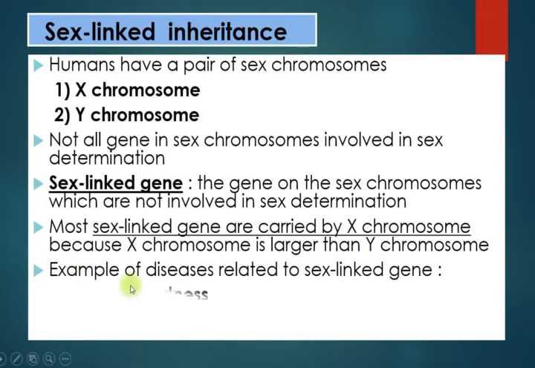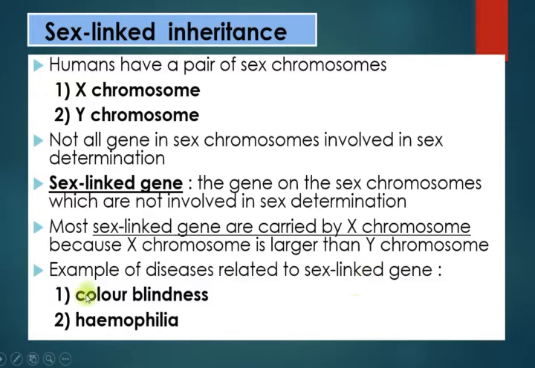Examples of diseases related to sex-linked genes are color blindness and hemophilia. We are going to discuss these two types of disease that involve the sex-linked gene.